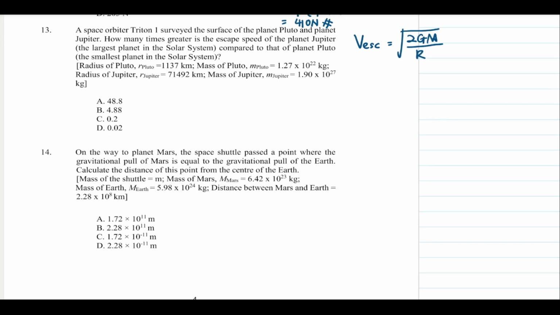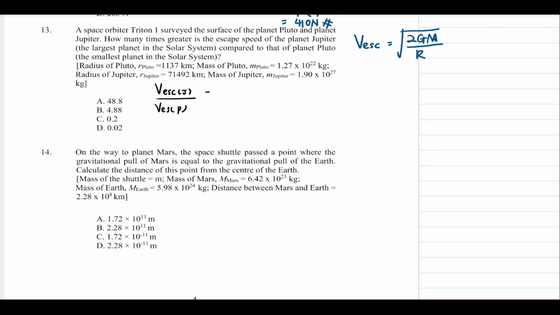Now since we want to find the ratio, sebab dia nak tanya how many times greater, berapa kali besar, the escape speed of planet Jupiter, saya akan tulis V escape for Jupiter over V escape for Pluto.